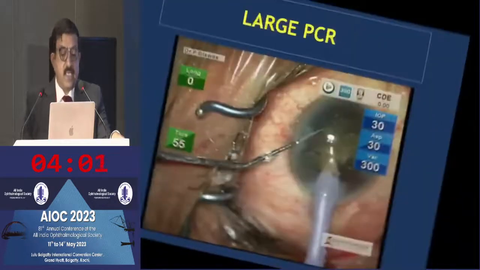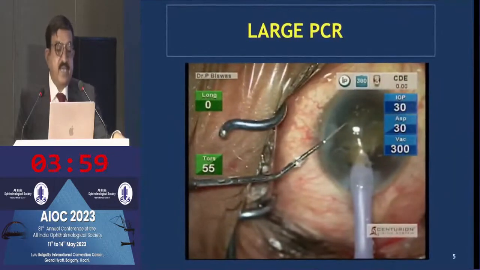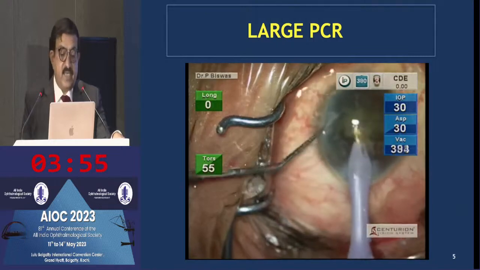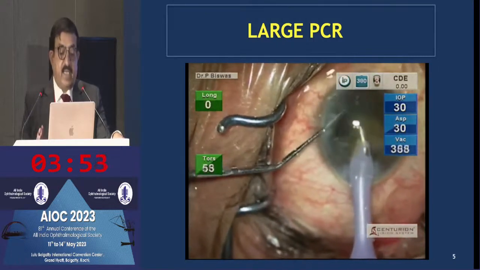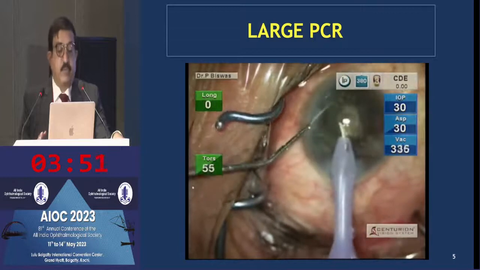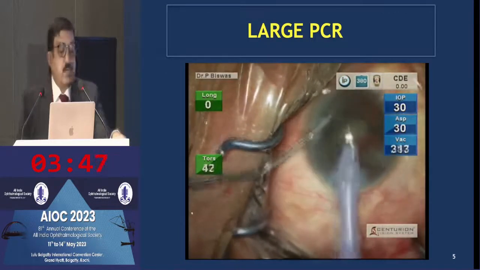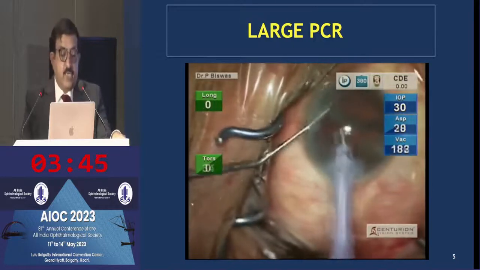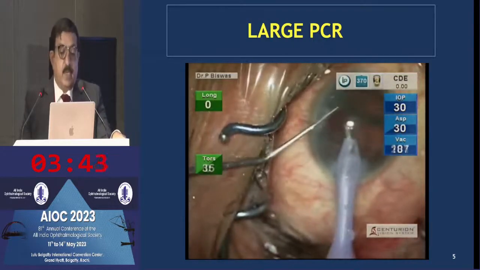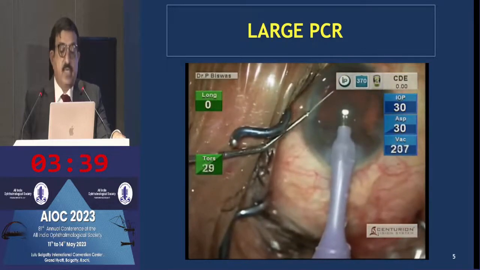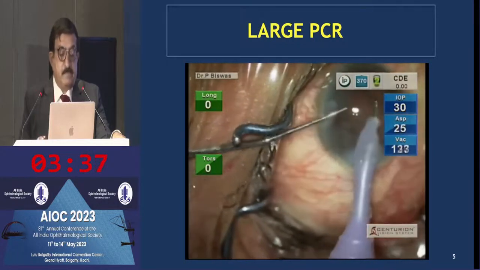Now let's look at the next experience that we have. It's a large PCR, and with this large PCR that is there, and there's quite a grade 3, grade 4 nucleus there in the anterior chamber, we take it off and gradually, with this amount of PCR that there is, it's not possible to convert it into a PCC here.